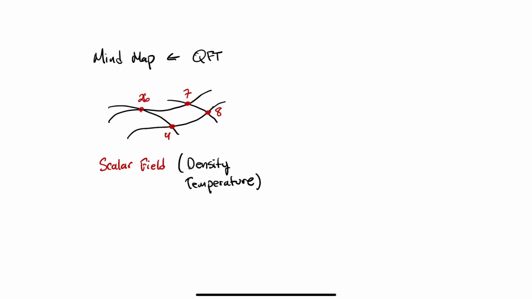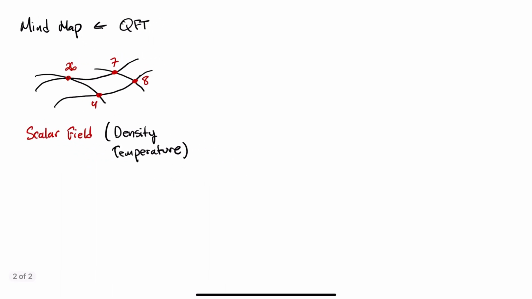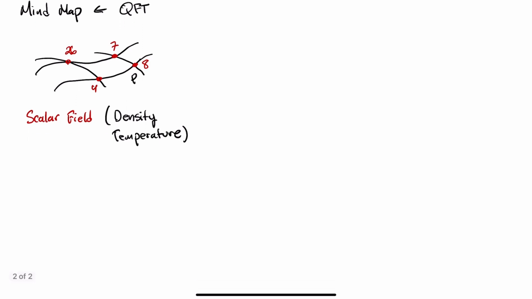I give you any point P in space, and you can tell me what the value for the temperature is at that point. Similarly, you can do the same thing with density. Okay, what are some other mathematical objects we might want to consider?